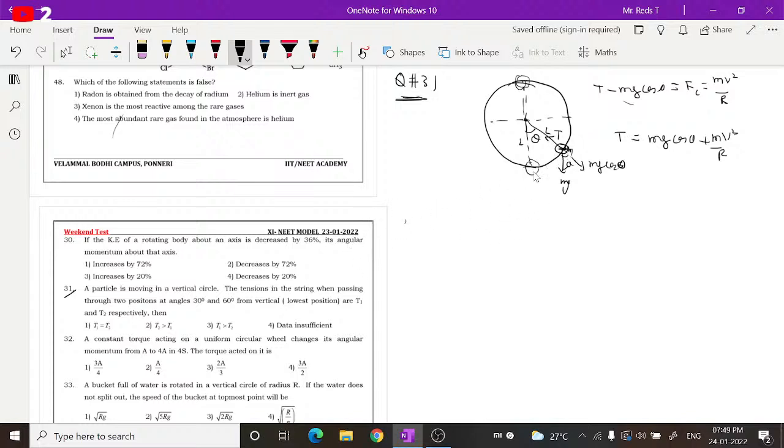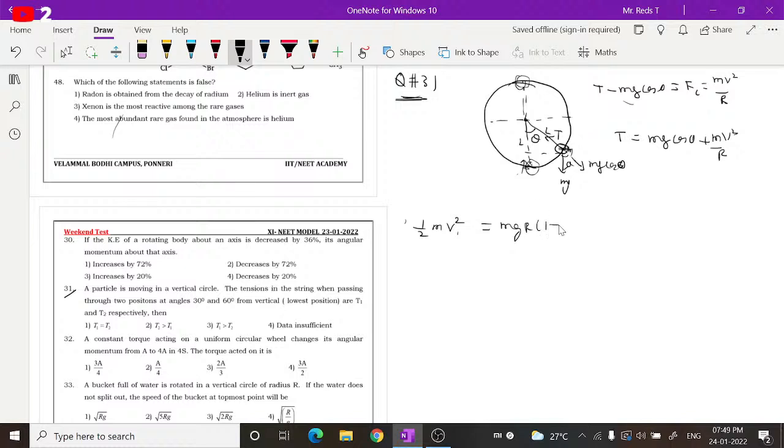Then you will get one equation here. Total energy will be potential energy plus kinetic energy. Kinetic energy is half m v square at this point, or v1 square, plus potential energy 0. This is equal to mg h, where h is, if this is r, r cos theta, so h is equal to r minus r cos theta.